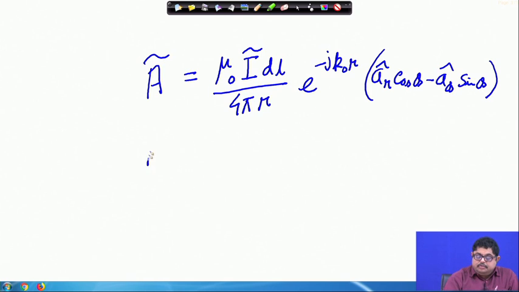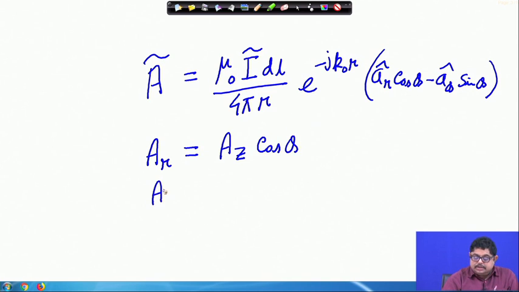From here we can say that our radial component A r of the vector potential is nothing but A z cos theta, and A theta is minus A z sin theta.